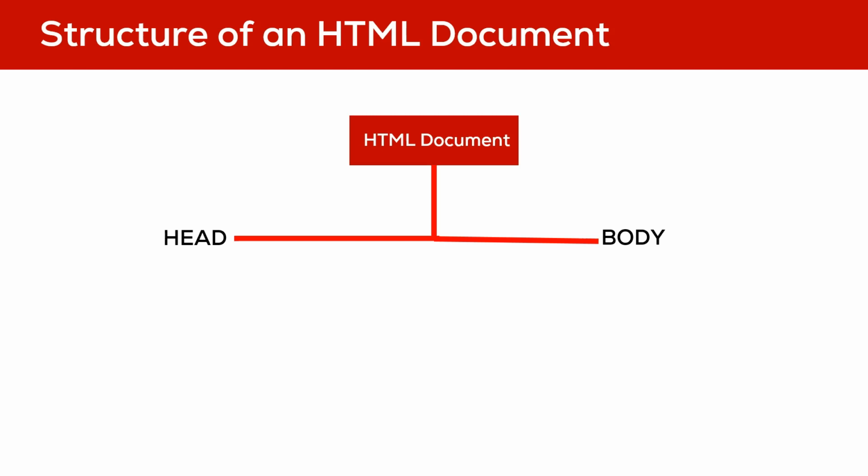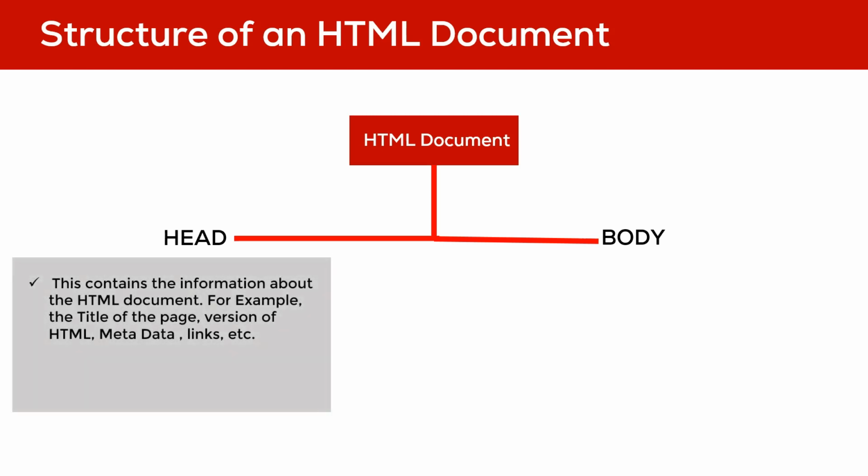The head contains the information about the HTML document, for example, the title of the page, the version of the HTML, metadata, links, and so many others, as we are going to see throughout this course. This part of the HTML document is not visible on the page. You will not see this part, but it gives the browsers information about the HTML document.